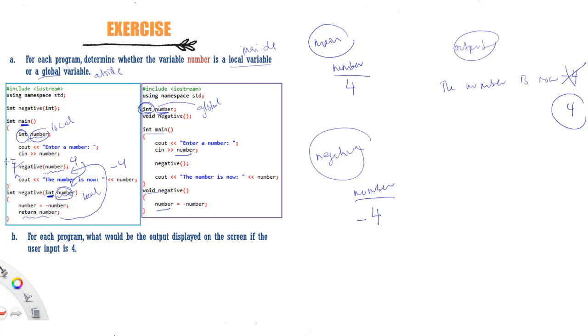If you had written here number equals negative number, meaning that the negative 4 that was sent here would be stored inside number, then the output would be: the number is now negative 4, because it is updated. But because we don't have this, we only have this, when it returns, it does not receive it. So that's why, instead of it being negative 4, the answer would be: the number is now 4.